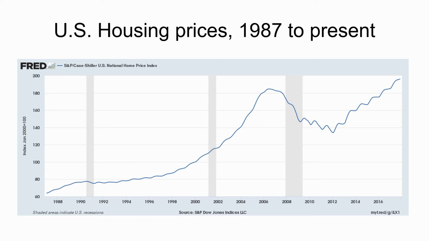The point of this example is that housing prices and real estate prices in general can go both up and down. For a long time in the 1980s and 90s and early 2000s, people simply assumed that real estate would always go up in price, but that's simply not true. Prices can move in either direction.